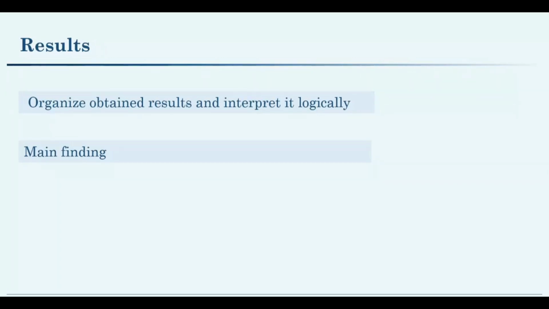So the second important point is to focus on the main findings of the result as per the objectives. Obviously, what are the main findings of your results? You must clearly explain what did you find.